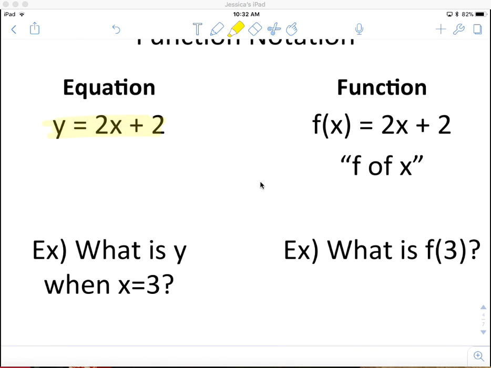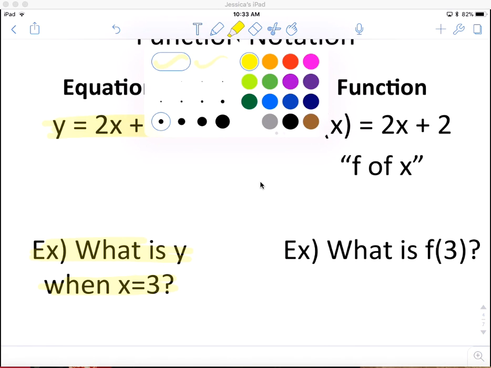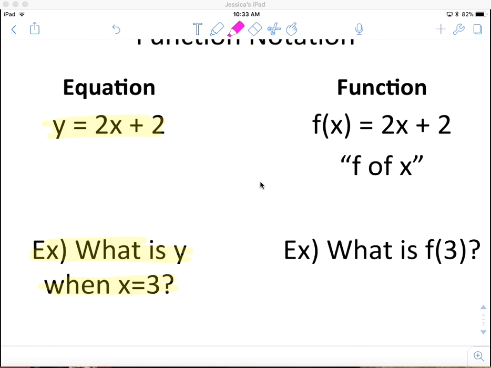You're used to seeing a question that says, what is y when x is 3? Today, what you're seeing is the exact same. It's just written now in function notation. So your equation is the same, but instead of y, we're using f of x. And then instead of just saying x equals 3, you're now going to see f of 3.